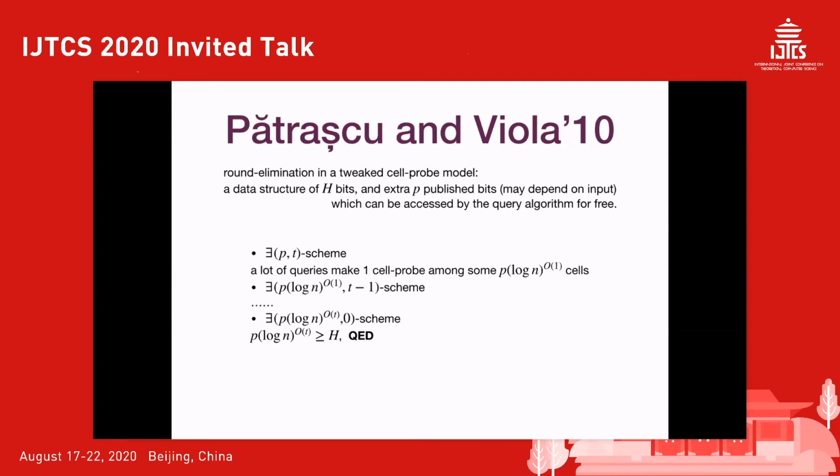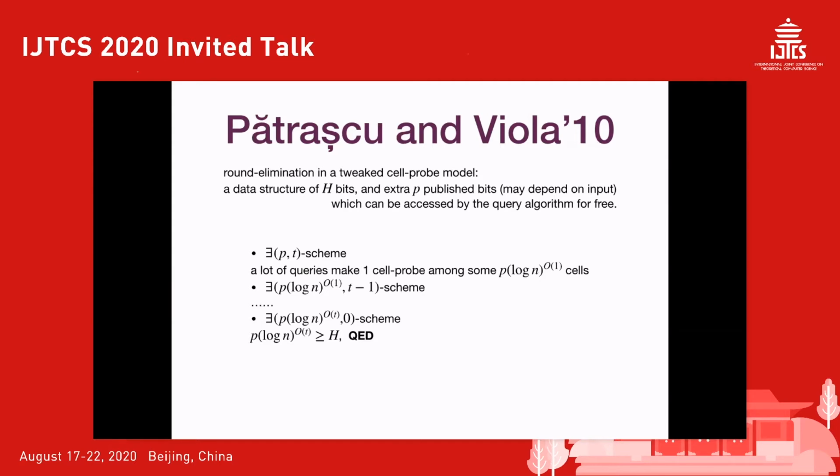Pătraşcu and Viola argue that for a data structure using p published bits and t time, we can publish p times polylog n cells to save 1 memory access for many queries. By recursively applying this argument, we obtain a data structure that uses some published bits, but does not access any memory cell.